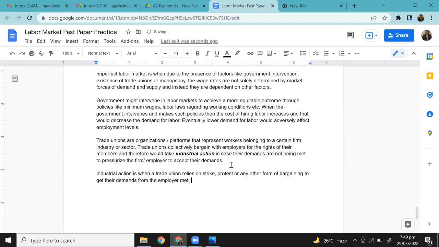So industrial action is when workers go on a strike or protest because their demands are not being met and they are trying to pressurize the firm or the employer to accept their demands.